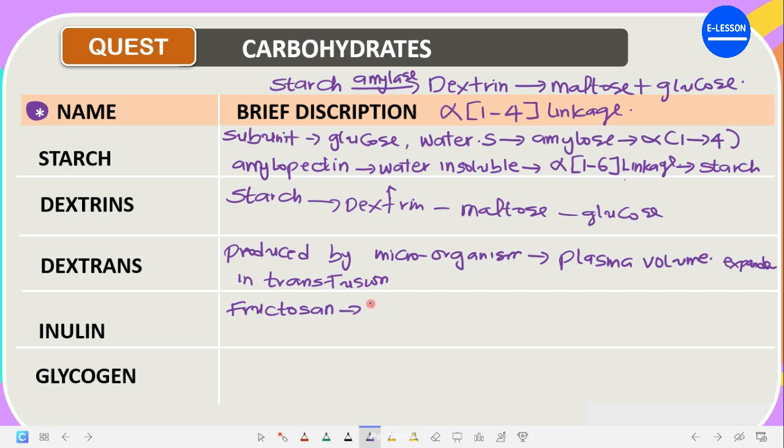But it is used to check kidney functionality. It is used to assess kidney function through measurement of glomerular filtration rate.